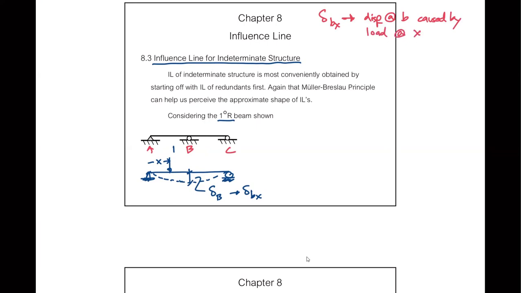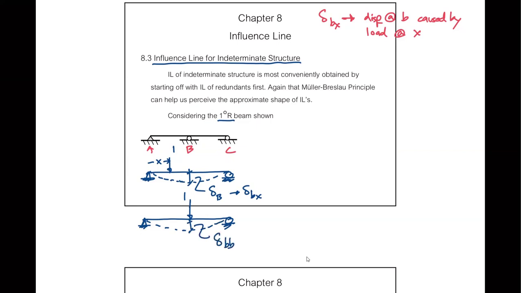And so let's say if I continue to move this unit load up until it reaches B itself. When your unit load is at location B, we can readily call this displacement delta BB, right?